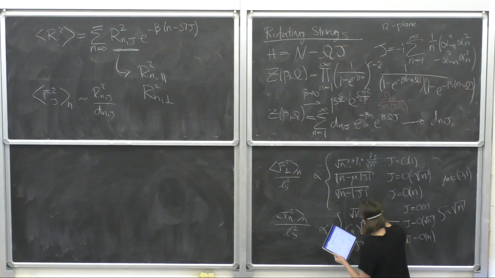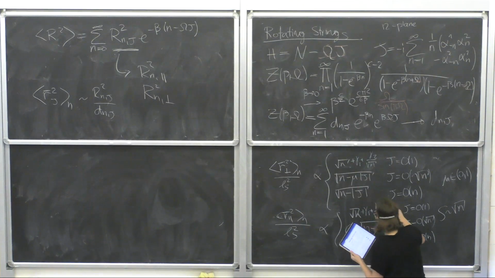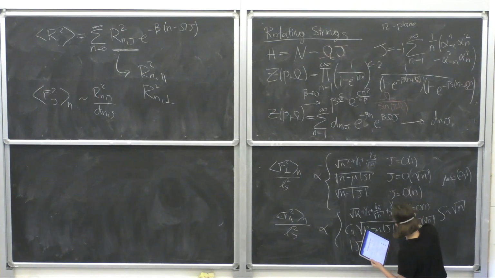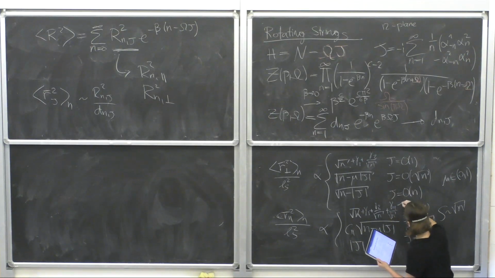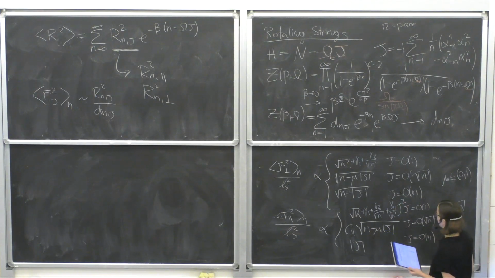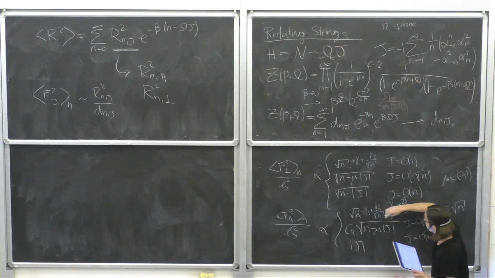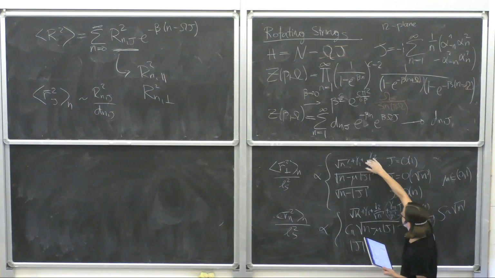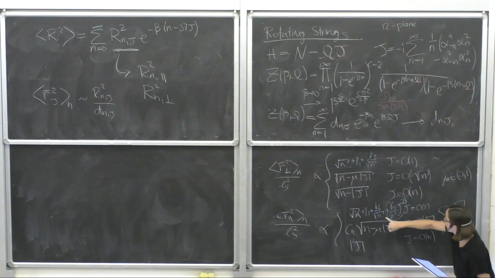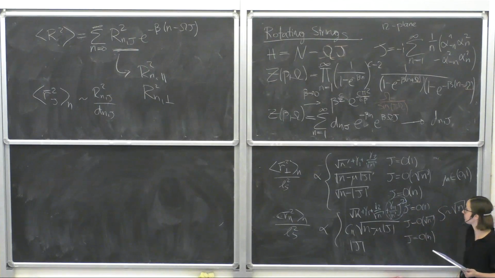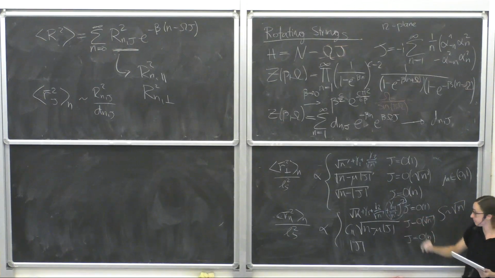Here I'll get some number, some other number over square root n, and then the first place where the spin comes in, there's yet another number over square root n, and then j squared. You notice that these gammas here are the same. So the first few subleading orders are the same, but then at this order, there's a j dependence that comes in. And notice the square here.